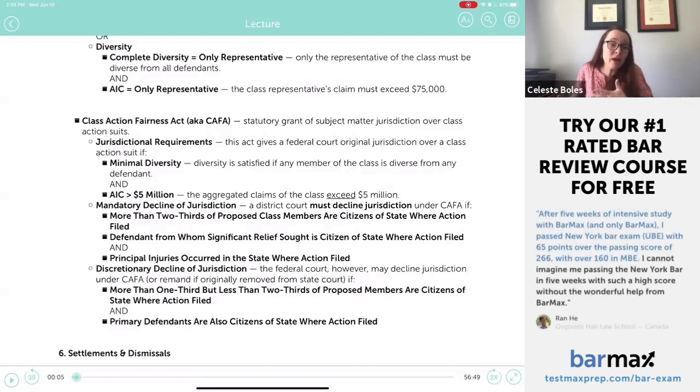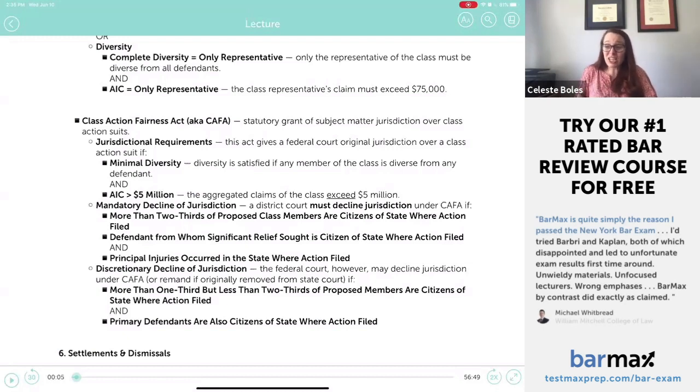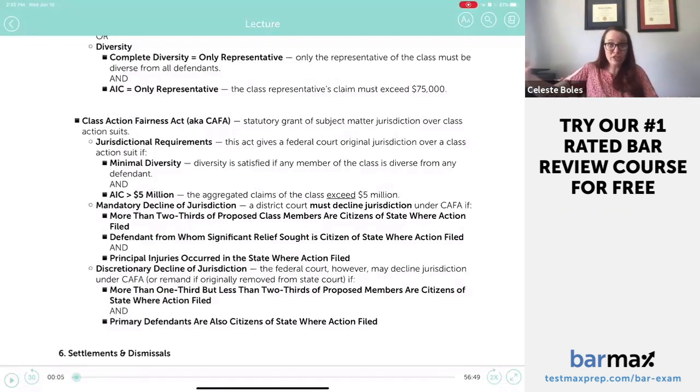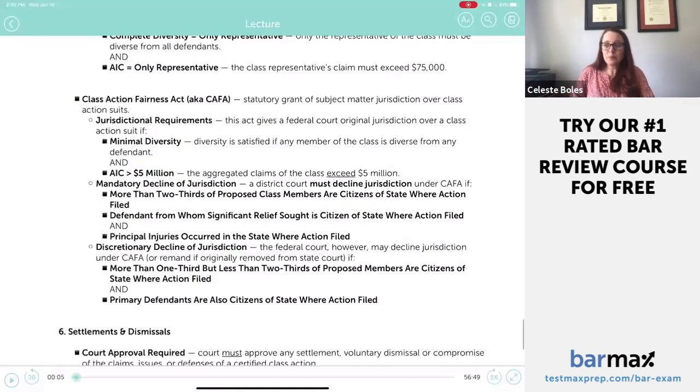They have to meet these other requirements instead. Fine. Students who were unfamiliar with the different kinds of class actions, students who didn't know about this jurisdictional door that the Class Action Fairness Act opened up, they tackled that first part of the question, the court's jurisdiction, as if they were just considering federal question and diversity, and they got the question wrong and didn't do well.